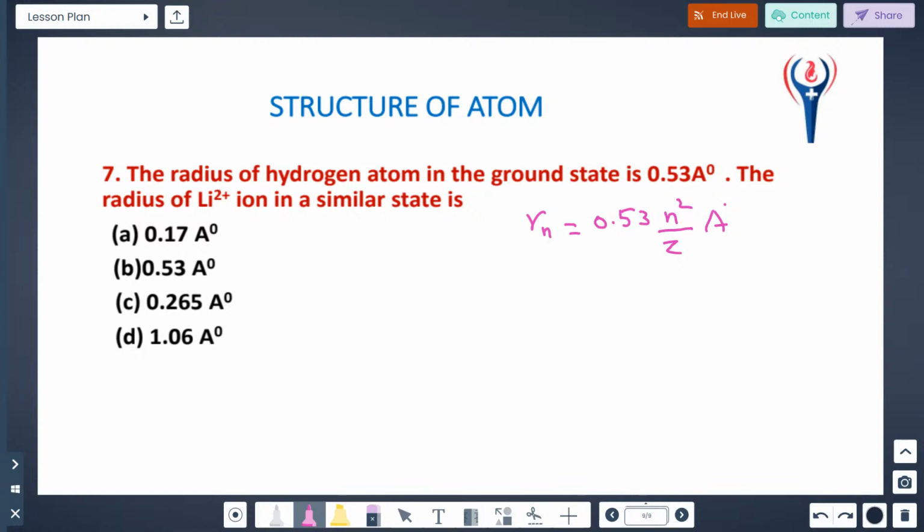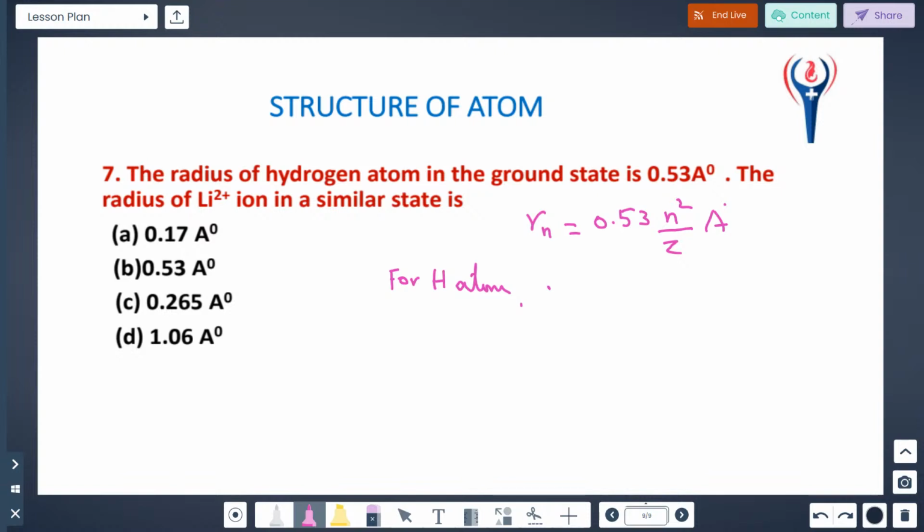For the hydrogen atom, Z, the atomic number, is 1. The electron is present in the first orbit, so for the hydrogen atom N is 1 and Z is also 1.